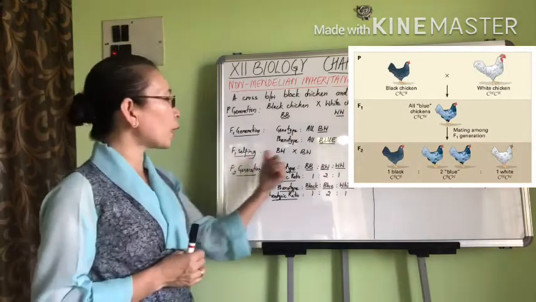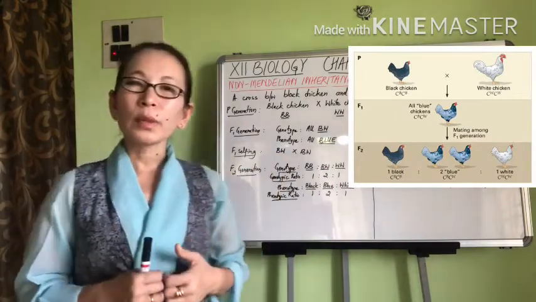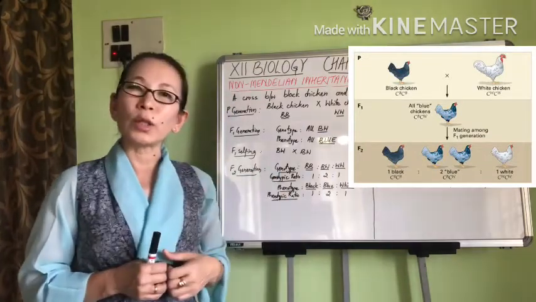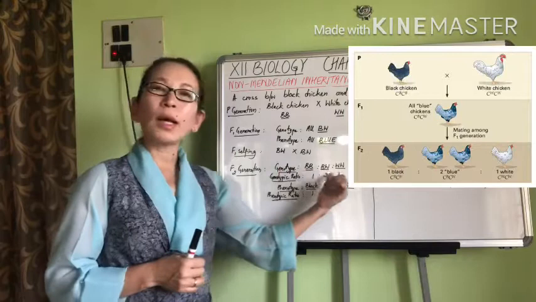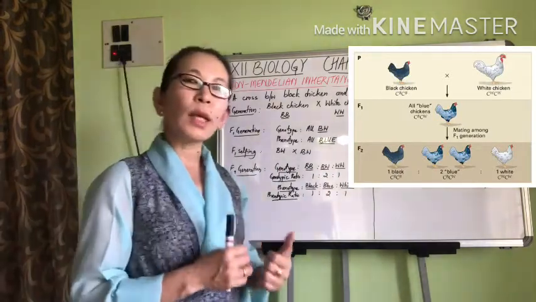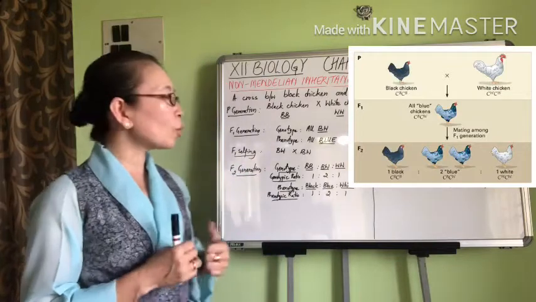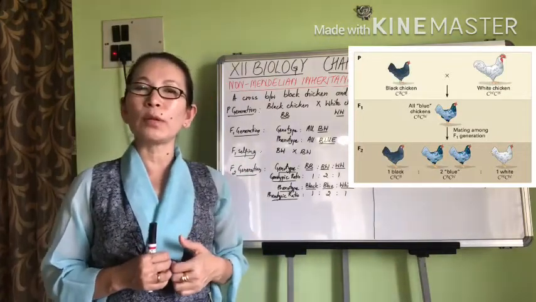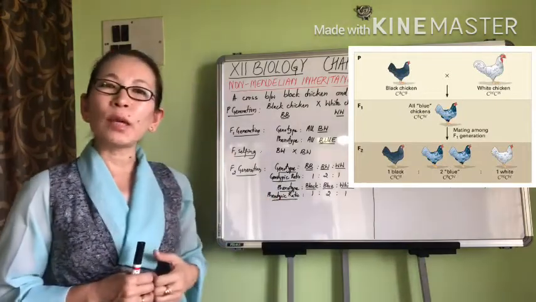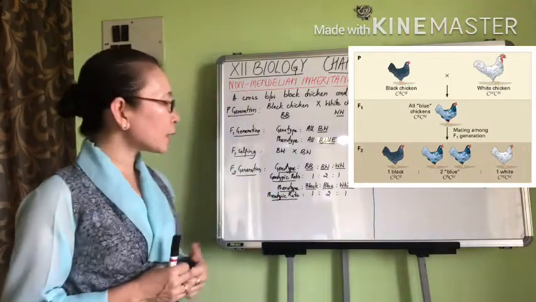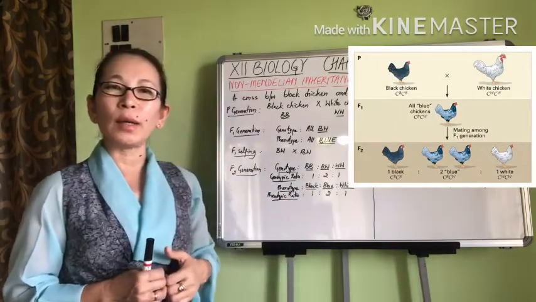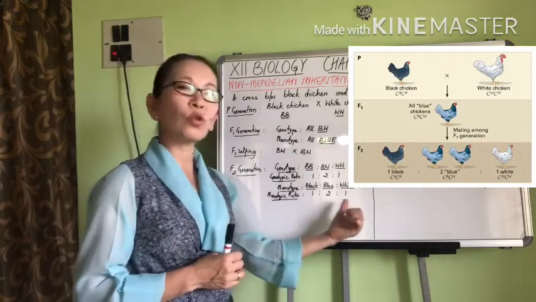And when such F1 blue feathered chicken were crossed with each other, then in the F2 generation, the genotypes were again of three different types: homozygous capital B, heterozygous capital B, capital W, and homozygous capital W in the ratio 1:2:1. And the F2 chicken had black, blue and white feather color in the ratio 1:2:1.